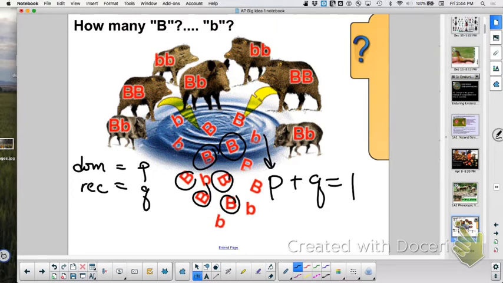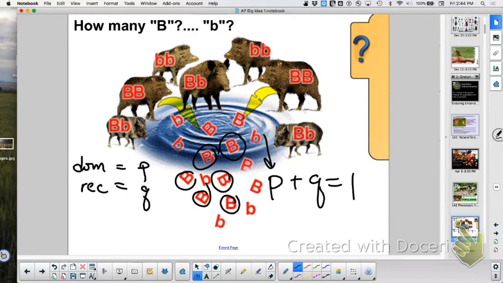How it plays out, how you pull them out of the gene pool, you could have 2 big B's, right? You could have a big B and a little b, or a little b and a big B. That's why we have 2PQ, right? Or you could have 2 Q's, right? And all we have to do is say, okay, if big B is 0.8, if P is 0.8, what are the odds that from this gene pool of this population I am going to have an individual who is homozygous dominant? 64%, right?